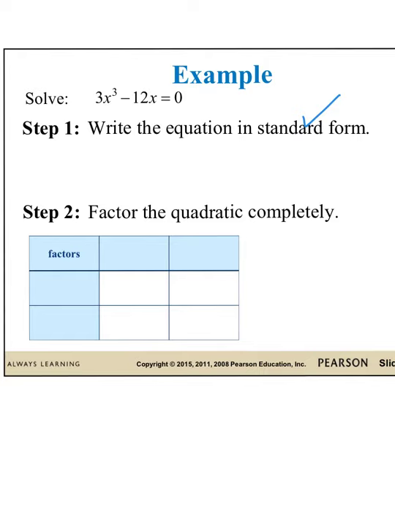And so we find that there is a greatest common factor of x, and since 3 divides 12, then our greatest common factor is 3x, and we'll factor that out.